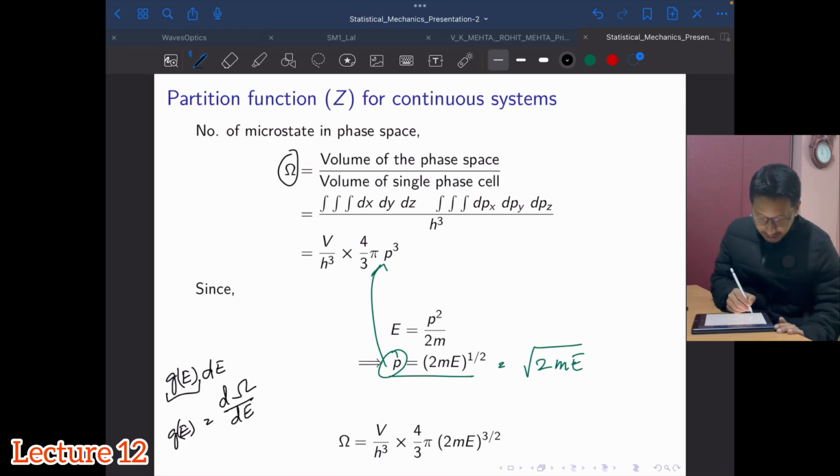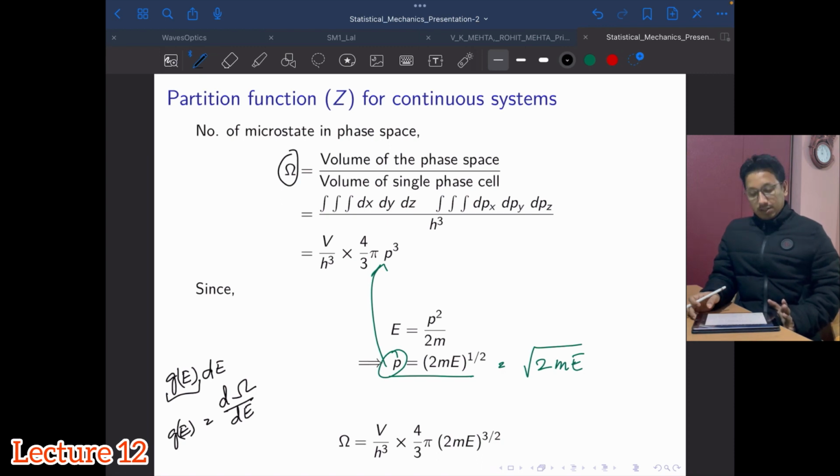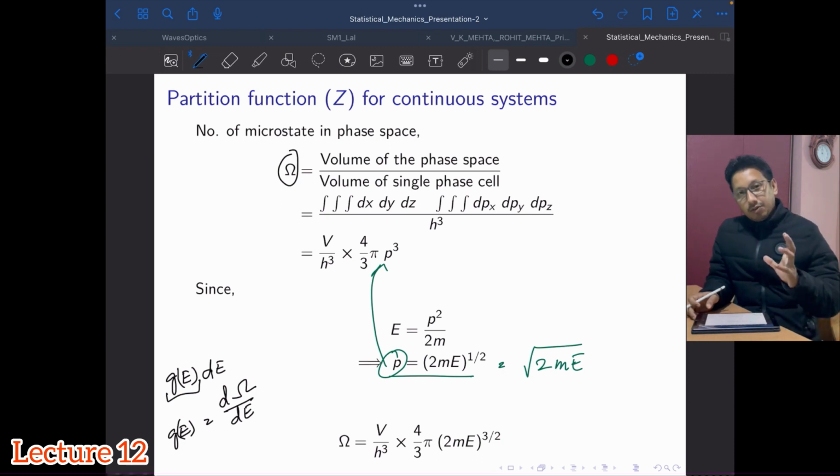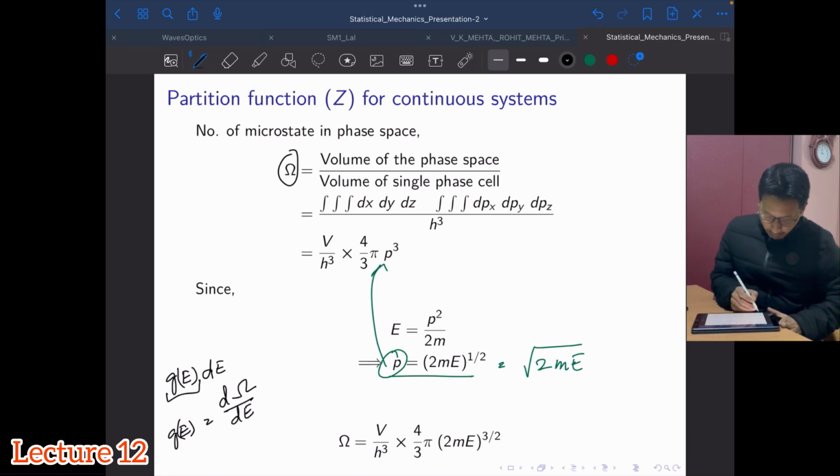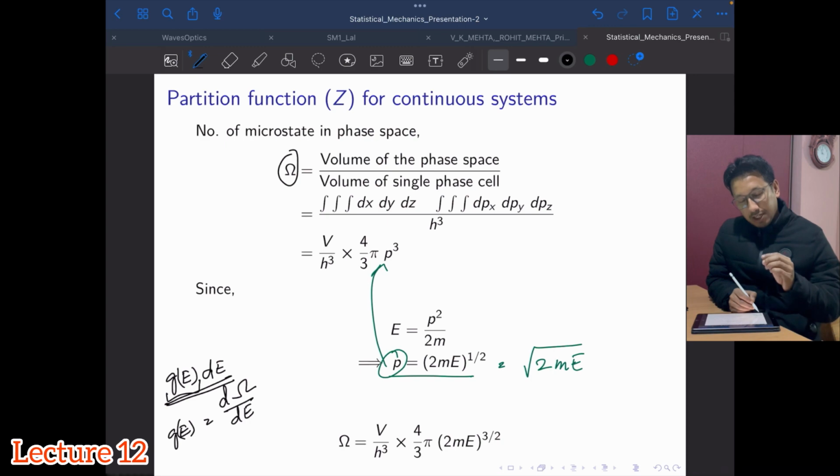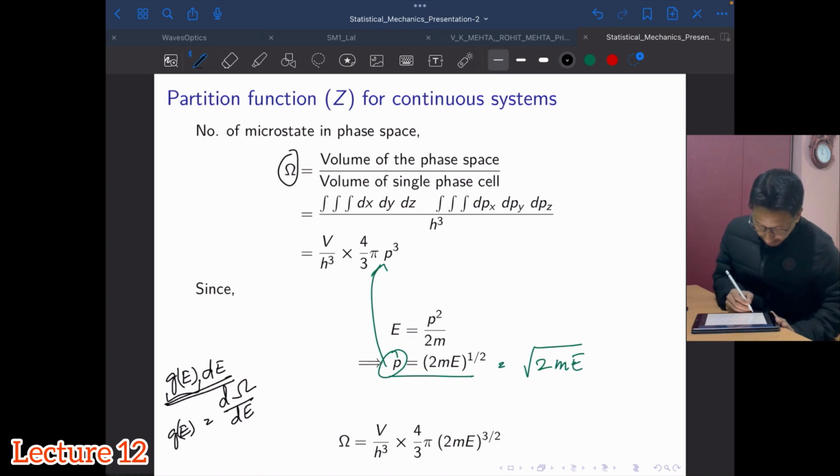If I differentiate this omega with respect to energy E, we will get G of E. It gives you a density of states, meaning the number of states lying at a particular energy, or to be precise, the number of states whose energy is between E and E plus dE. That will be given by d omega by dE.